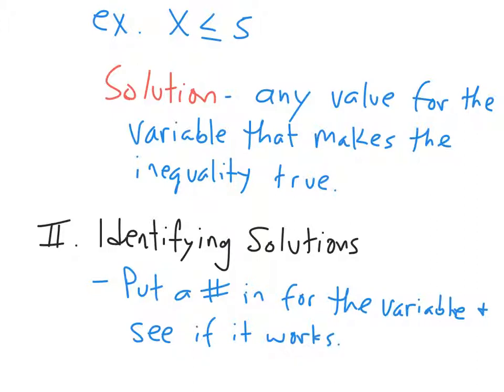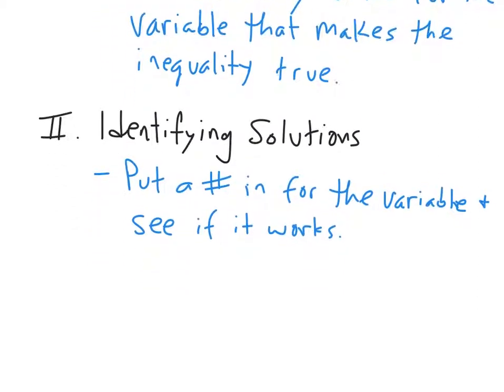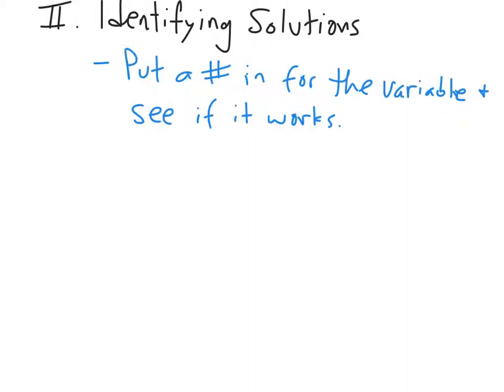And this is going to lead us into our Roman numeral 3, where we end up graphing the thing. So for example, if we had x is less than 5, you could say, all right, would 3 be a solution to this? Yes, because 3 is less than 5. You know that that's true.